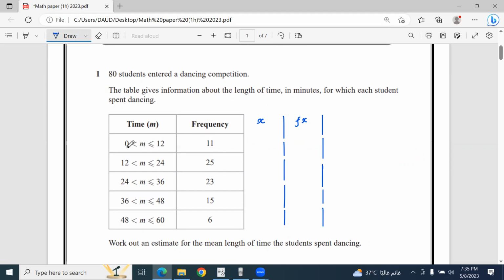First, 0 plus 12 divided by 2 gives us 6, and 11 multiplied by 6 gives us 66.